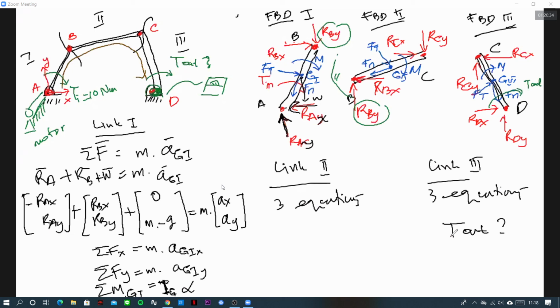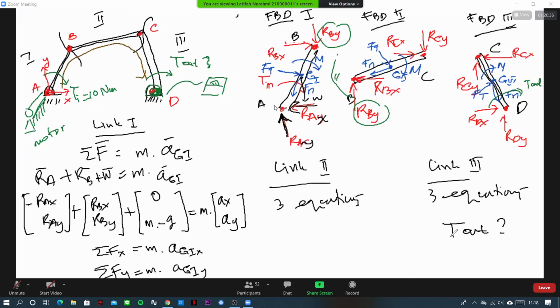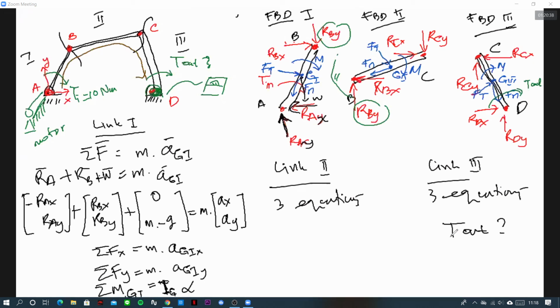I will not force you to do it, but it will really benefit you if you do it by yourself, because I did it long ago as a student, and now I'm still doing it as a teacher. Now it's your turn to derive the equations for link 2 and link 3 until you can find the output torque.